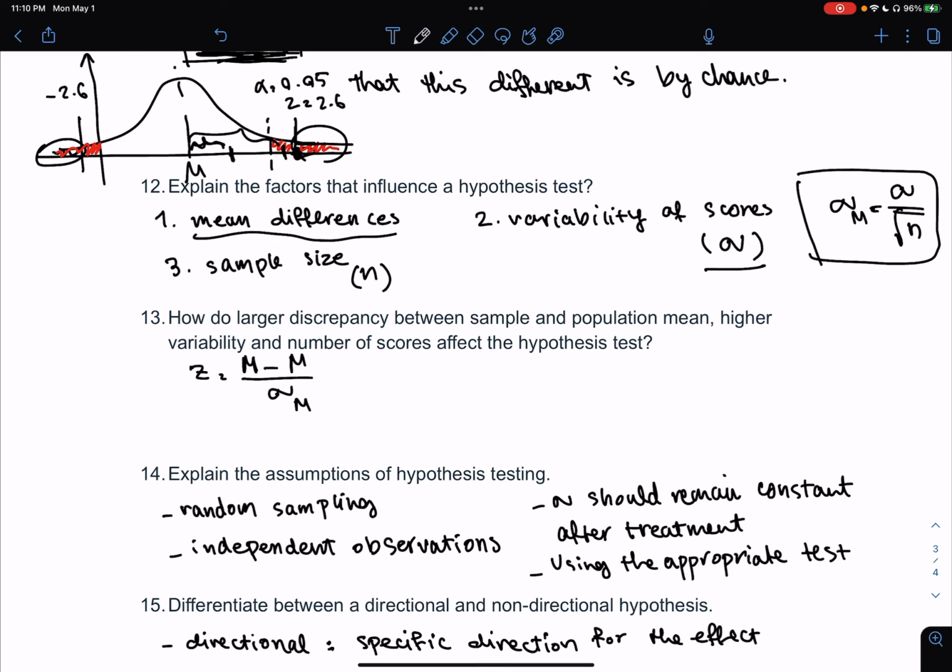why do we have that? Imagine we have the distribution of sample means. This is mu. We have the distribution of sample means, which is basically the distribution of what the sample means are for each sample.